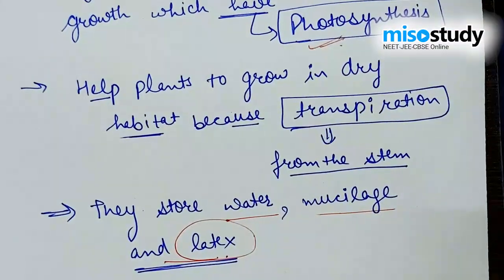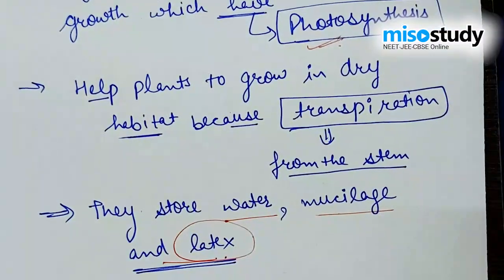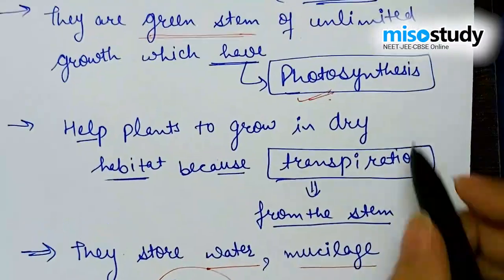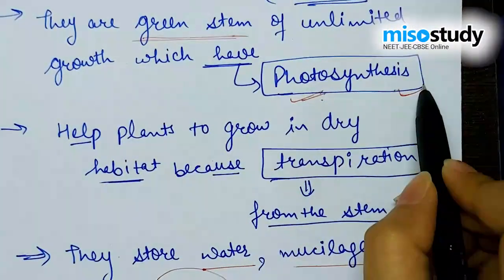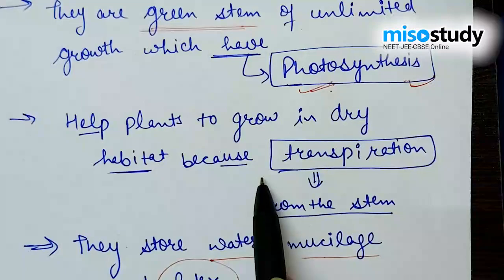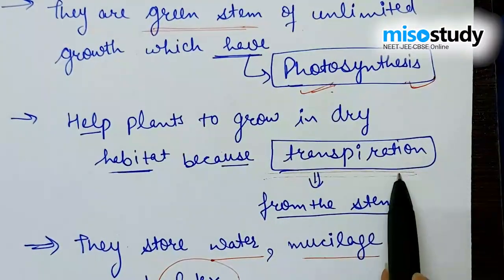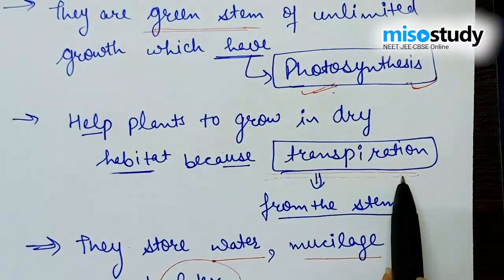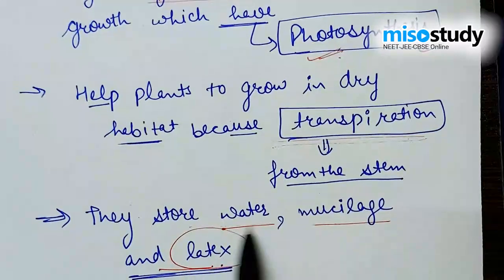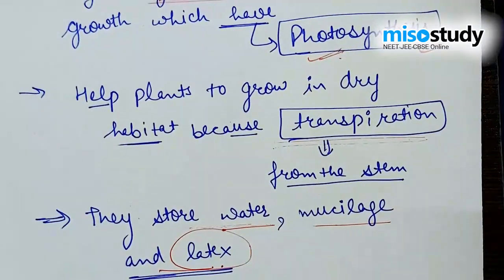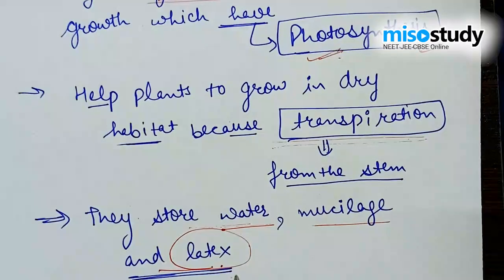Now the phylloclade helps the plant in three ways. First, they carry out photosynthesis. Next, they reduce the transpiration rate compared to leaves. The third, they help to store water, mucilage and latex in them.